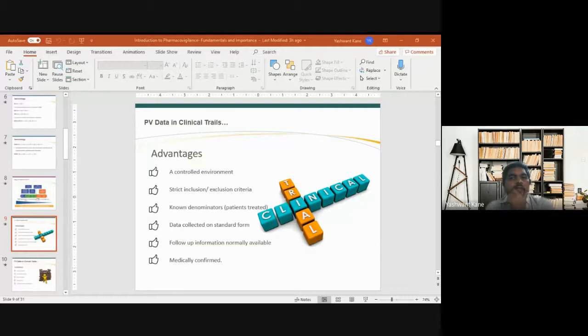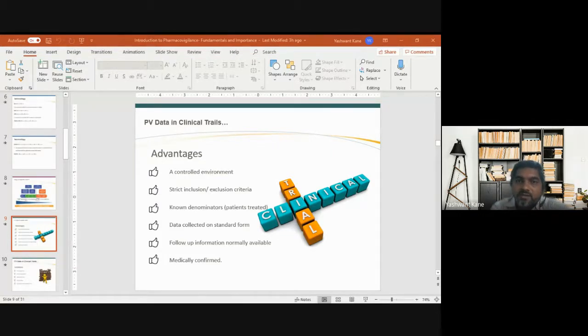Okay, so let me give kind of a perspective. Whenever we do clinical trials, the conditions in which we do them are very important, right?